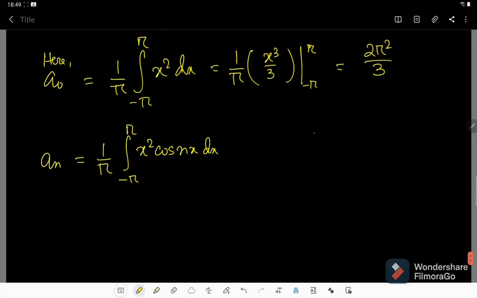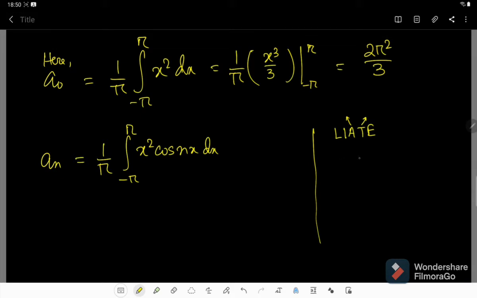Now this is integration by parts, so I have to abide by the LIATE protocol. You know that L is logarithmic function, I inverse trigonometric, A algebra, T trigonometric function, and E exponential. So we have an algebraic function followed by one trigonometric function.